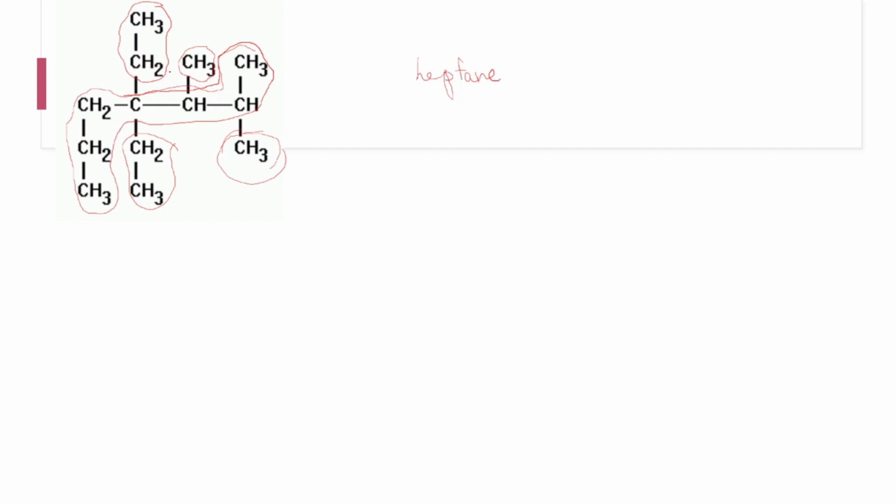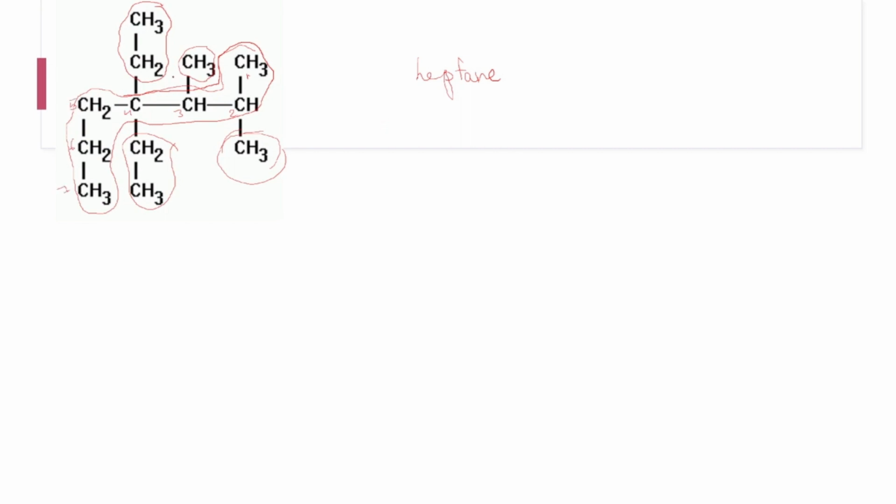Now I have to write those substitutions or alkyl groups so that they will take the least possible number. So now I have to check which side I should start the numbering so the substitutions would have the least possible numbers. If I start from here, I will have carbon number 1, 2, 3, 4, 5, 6, 7.